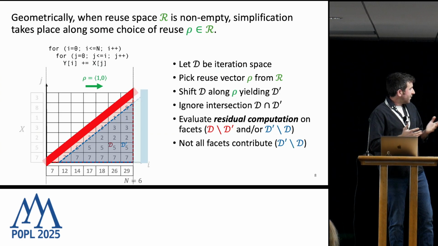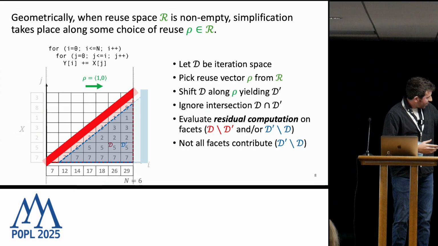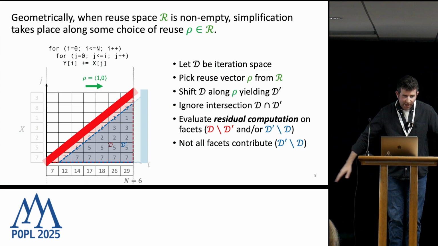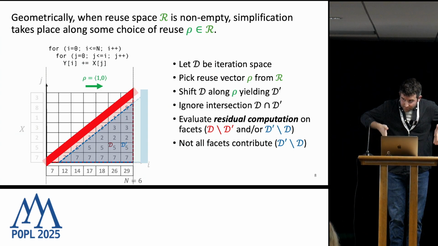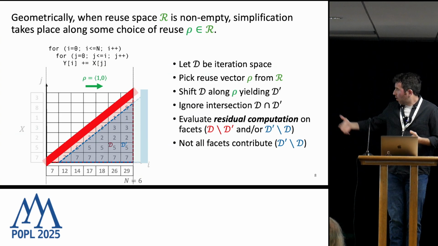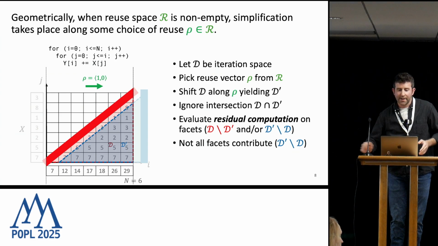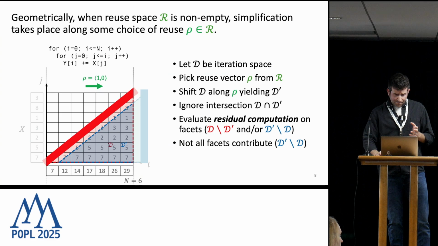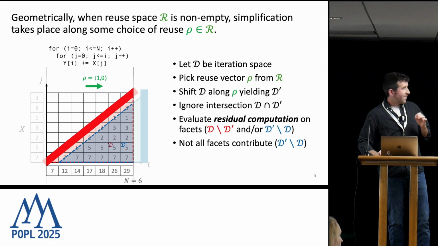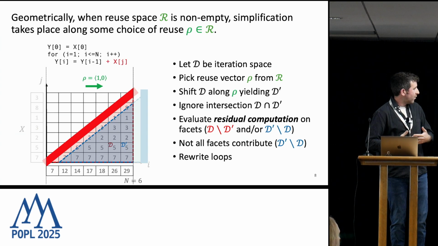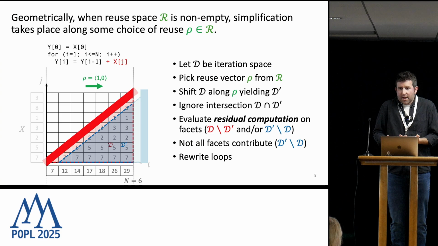Not all of these contribute, because remember that our output is along the horizontal and everything gets projected onto the output. So some of the points, under the projection, land in spaces that aren't defined. The whole point is we have a residual computation defined over some of the facets, and once we have that, we have a way to rewrite the same computation.